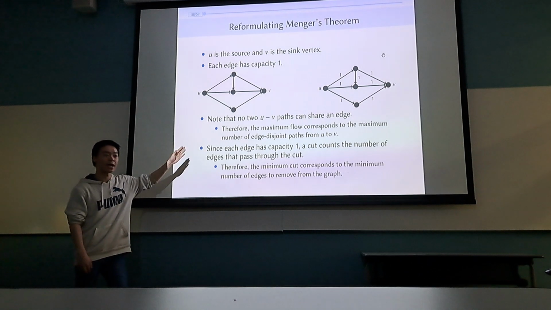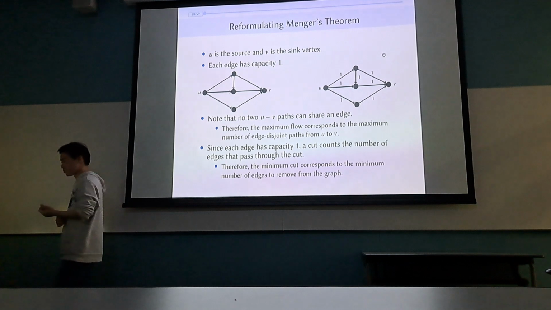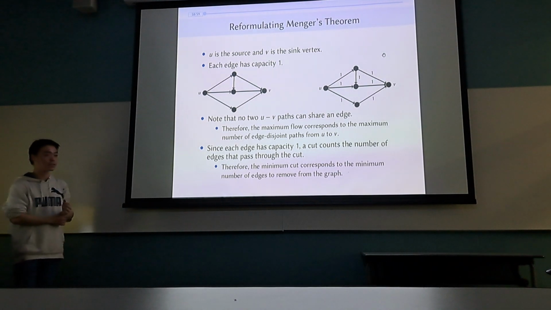And then because of that, you can count the number of edge disjoint paths from U to V. Are there any questions on this?